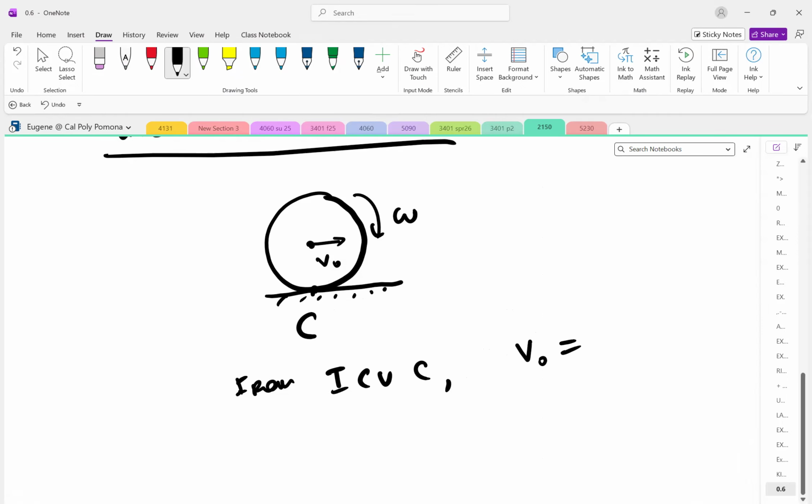V_O equals omega times r, at any moment in time. We'll take d/dt of this equation.